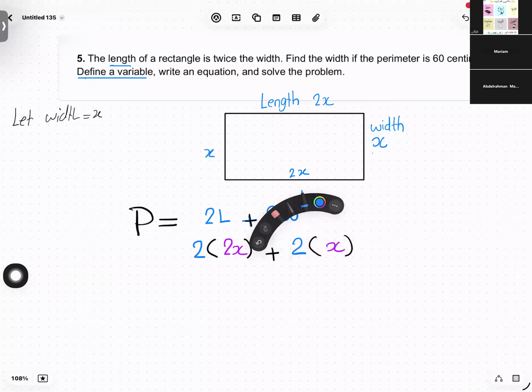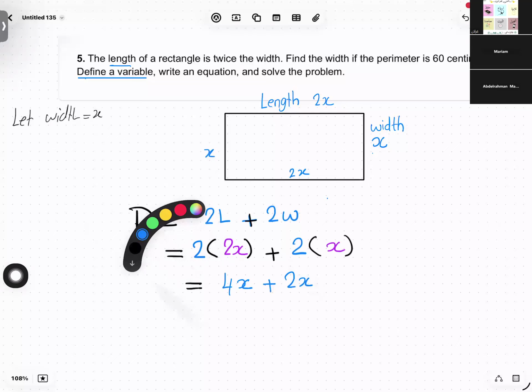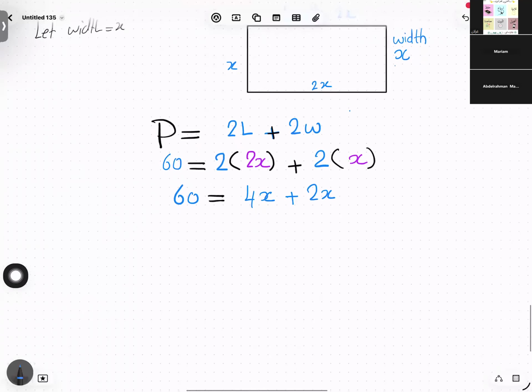So it will be 4x plus 2x. So the perimeter is equal to 60, which means 60 equals 6x.